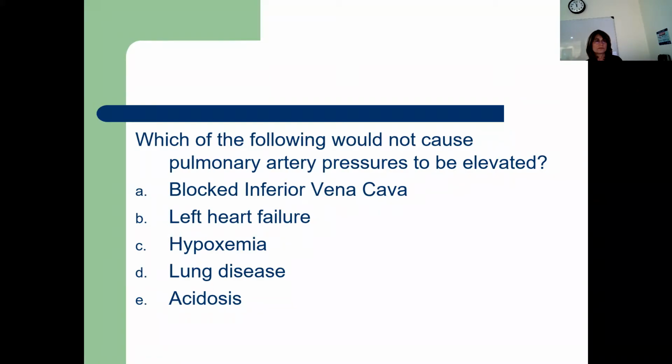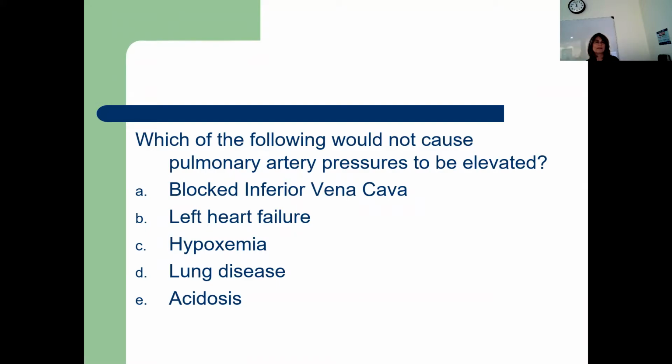Because it can't get to the pulmonary artery. So would a blocked inferior vena cava cause pulmonary artery pressures to go up? No. Okay. We're looking for things that don't cause high pressures. So if you block the blood flow, you're not going to have high pressure. So let's go with A.